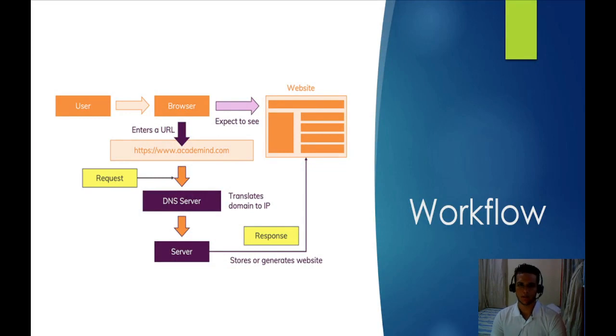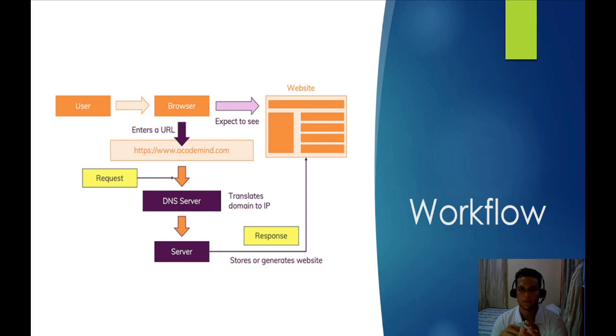How can a website be shown in our web browser? Let's see this diagram that shows us how it works. The user enters a URL, the Uniform Resource Locator, in the browser. This request is sent to the DNS server, which is a kind of dictionary that has the domain name and the IP address of the server where we can access the content.